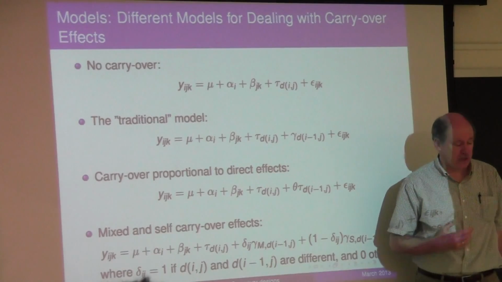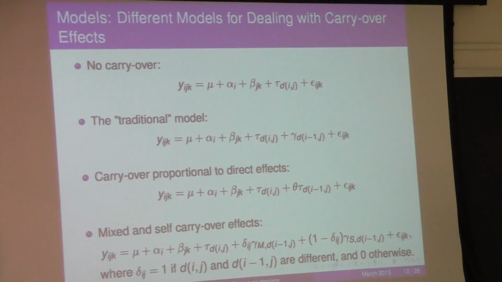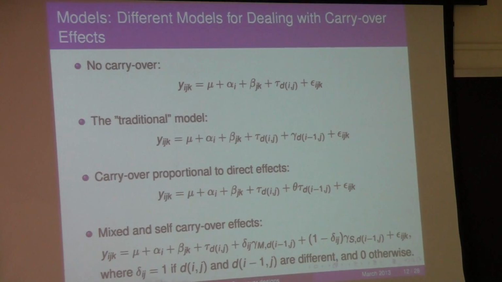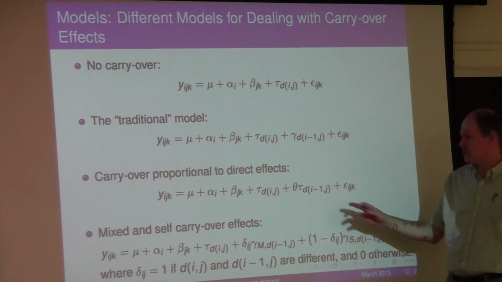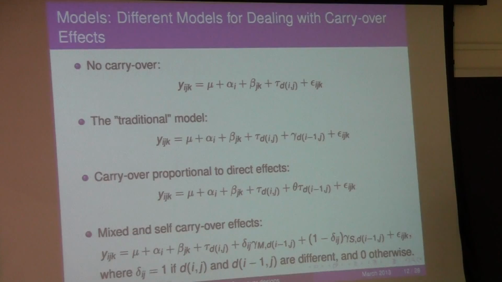So what this is saying is that if a treatment has a strong direct effect, then it also has a strong carryover effect that will linger longer as well. And for some applications, this may be a reasonable assumption, right? That the carryover effect is related to the direct effects in this way. That if the direct effect is strong, then it also will take longer for it to wash out of the subject's system.